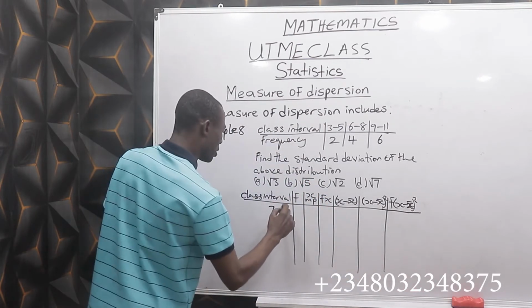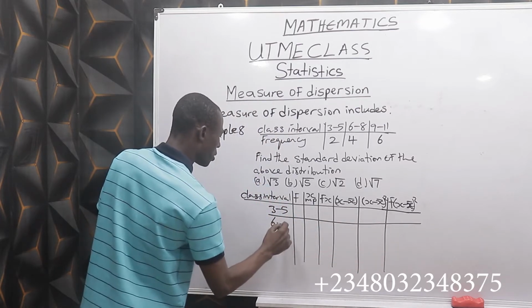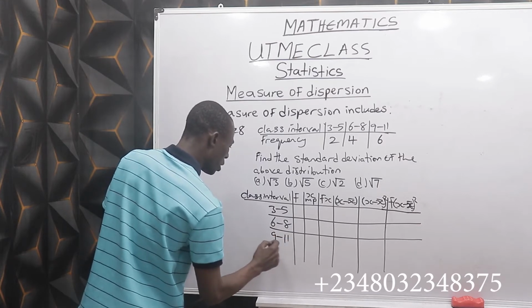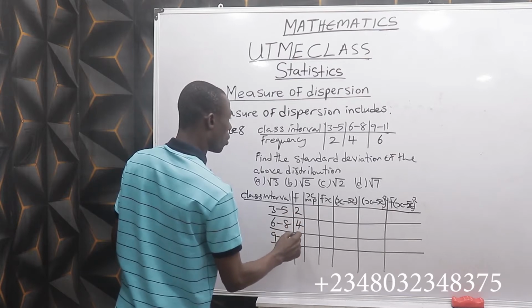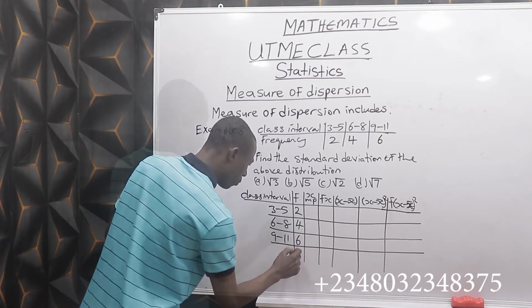So, our class interval, like this: 3 to 5, 6 to 8, 9 to 11. Frequency 2, 4, and 6. Summation f will be 12.